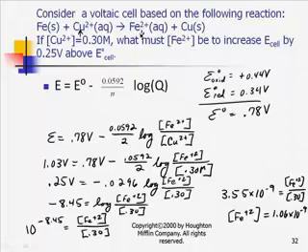So we would expect the iron to be lower than 1 molar, the standard condition, and for such a relatively large increase, that's why the iron concentration is dropping so low there.